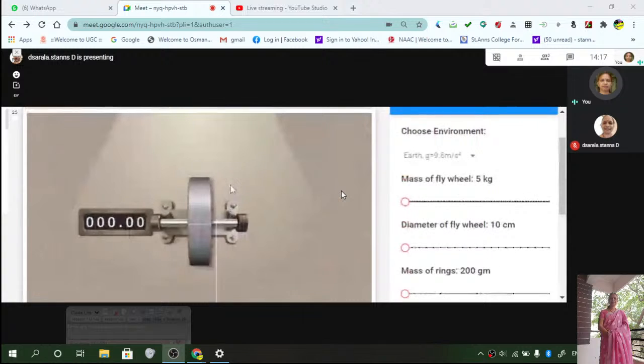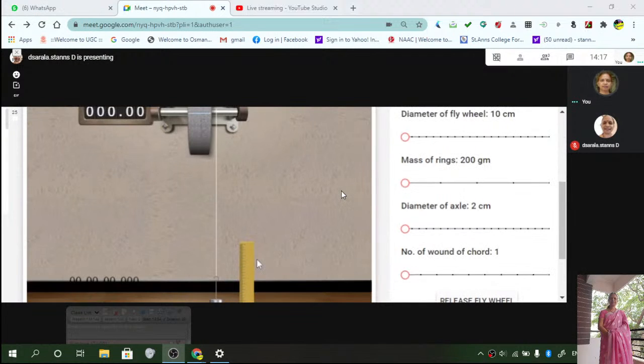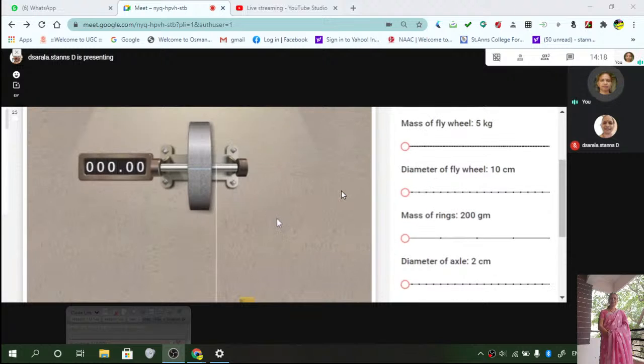After some time, the thread which is wound on this gets detached from the flywheel and touches the ground, and then the flywheel, because of the air resistance and other frictional forces present, comes to a stop. So there is always a conversion of energy from potential to kinetic, and this flywheel acts as a storage device which transfers the energy from one form to the other.